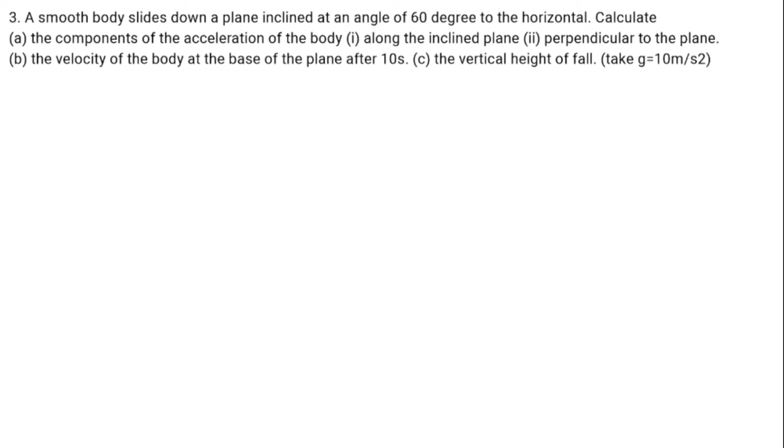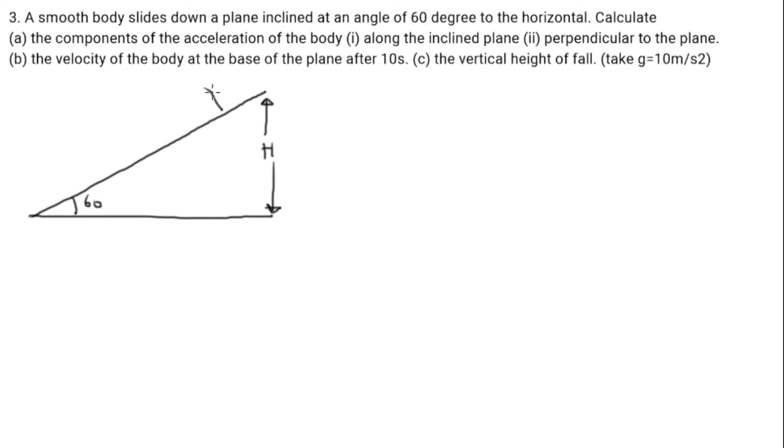Now let's say this is the inclined plane, where the vertical height, let's have that as h. Now at an angle of 60 degrees, if we place an object on an inclined plane, the weight acts downward, and of course the weight is due to the acceleration due to gravity.